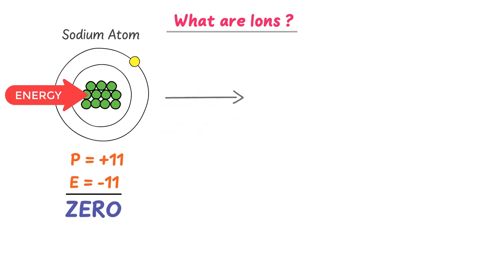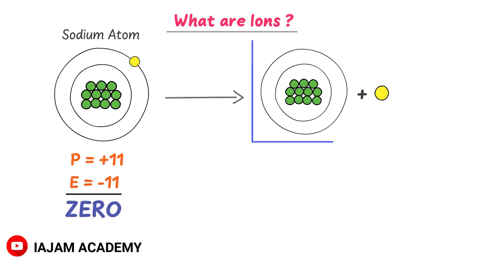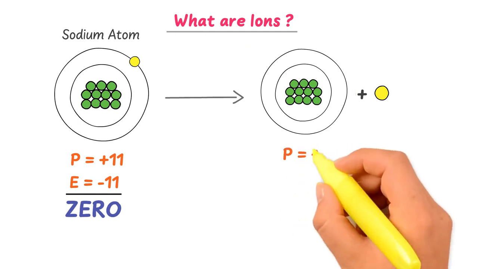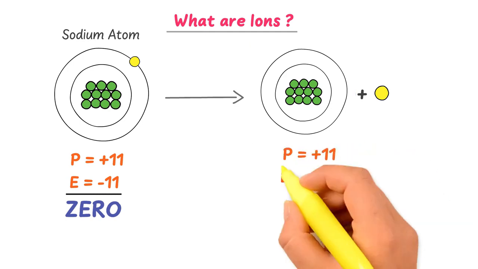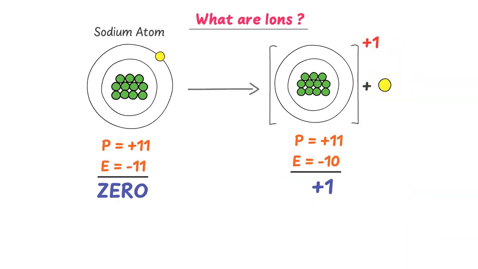As a result, it loses one electron. Now if I count the number of protons and electrons in the sodium atom, I will get proton is equal to positive 11 and electron is equal to negative 10 because the sodium atom has lost one electron. Here positive 11 and negative 10 is equal to positive 1. Hence the net charge is positive 1 on it. So now sodium is a charged particle.